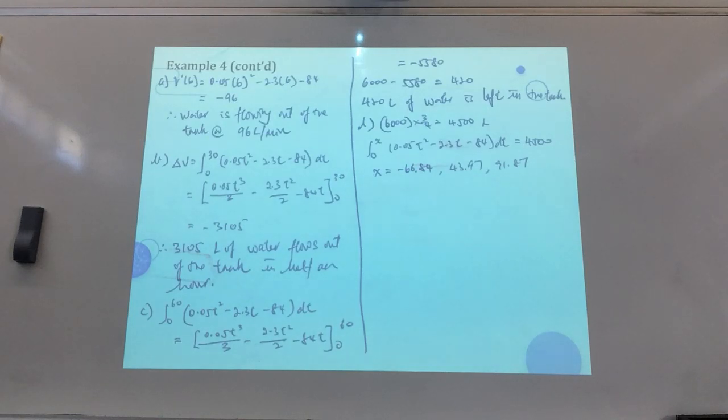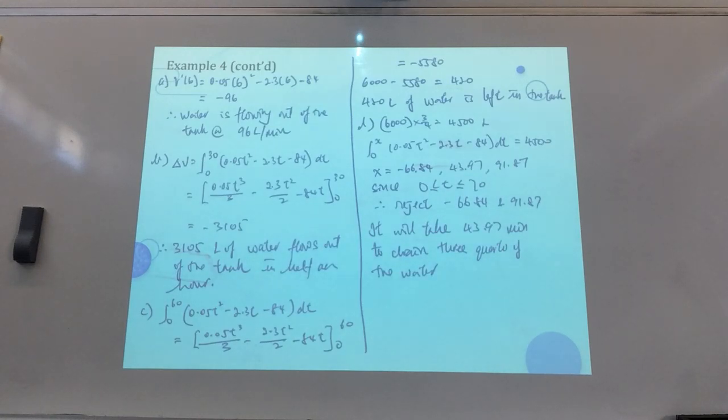So make sure that when you answer a question like this, give a reasoning why you reject those 2 numbers. All right? So it will take 43.97 minutes to drain 3/4 of the water. You can answer it that way, or it will take 43.97 minutes for the tank to reduce to 1/4 of its storage.